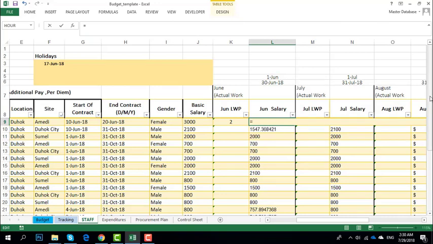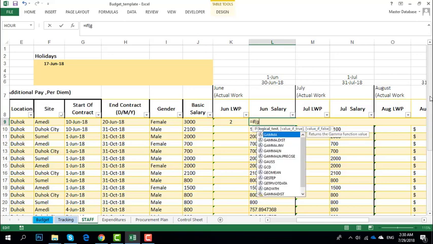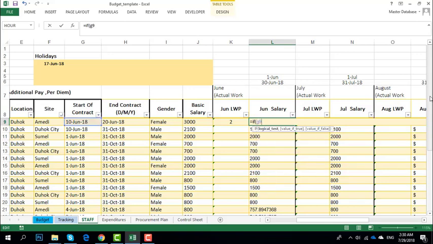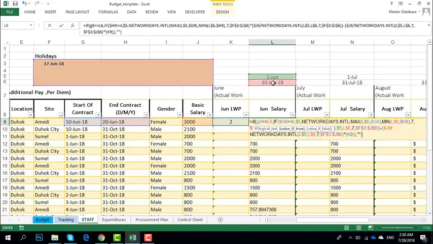The other condition is if G9 less, sorry, less or equal to L6, okay, then give me this, otherwise give me false.